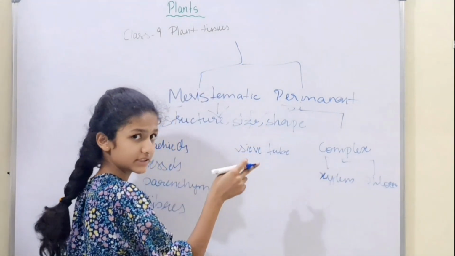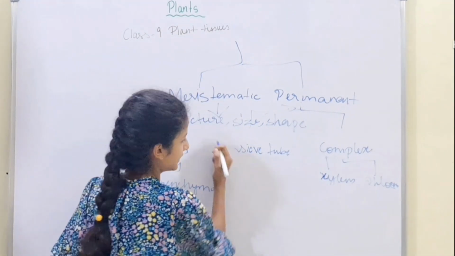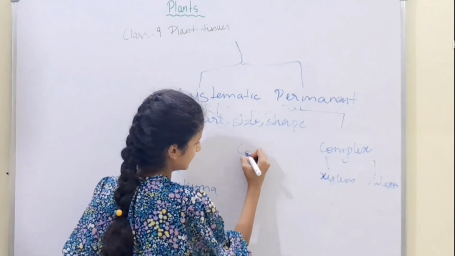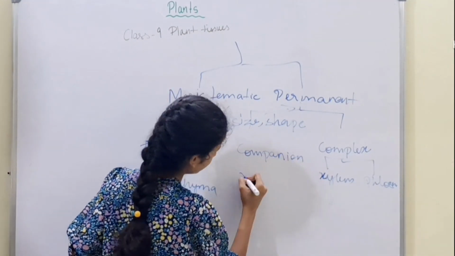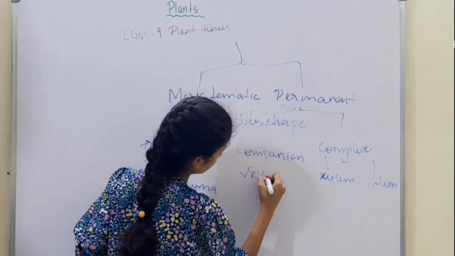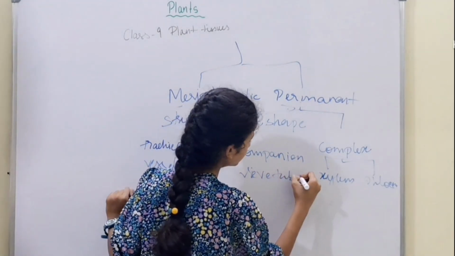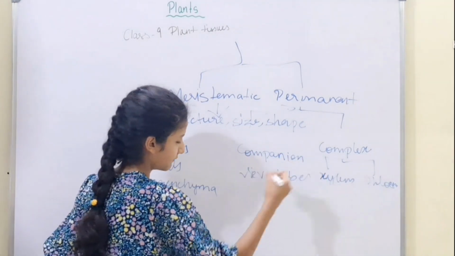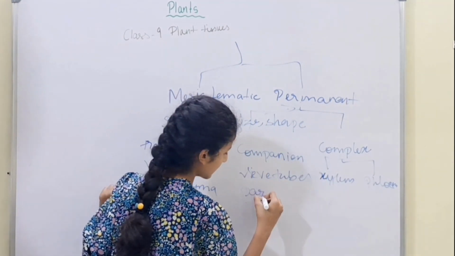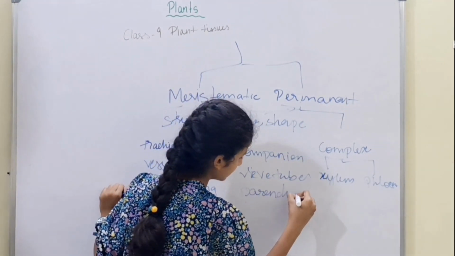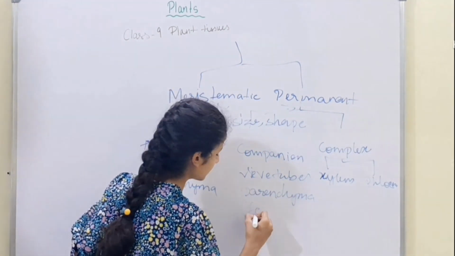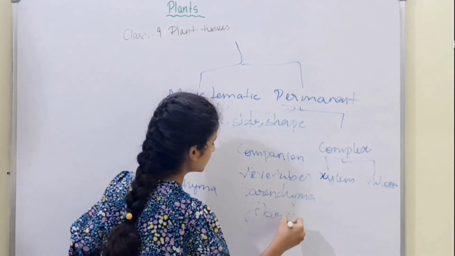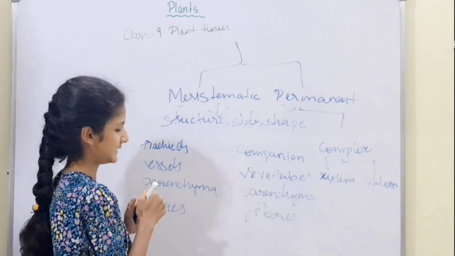After sieve tubes, what do we have? I'll write it down: companion cells, sieve cells and sieve tubes, phloem parenchyma, and phloem fibers. Now the functions of these are quite similar.